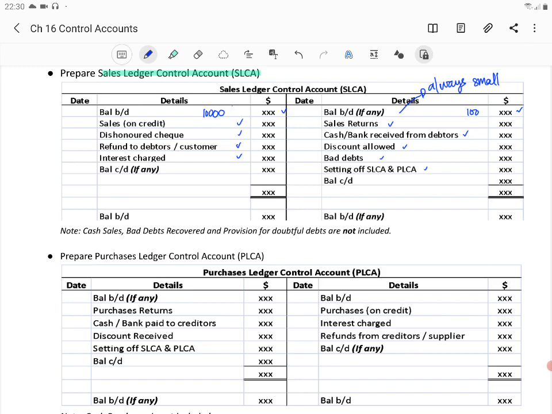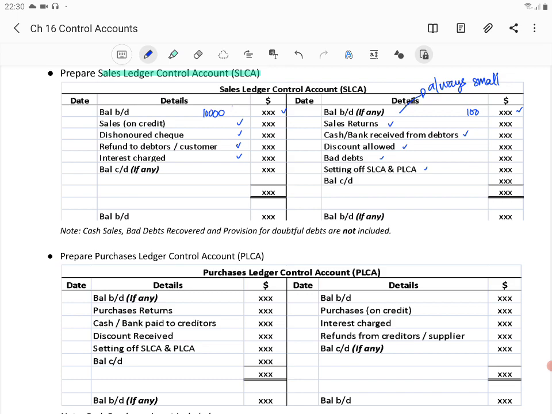Now why is sales on credit in the debit side? Dishonoured cheques also, and interest charged also. Because sales on credit will increase TR. A dishonoured cheque means the payment made by the debtors is cancelled by the bank. Since it is cancelled, the balance of TR appears again.